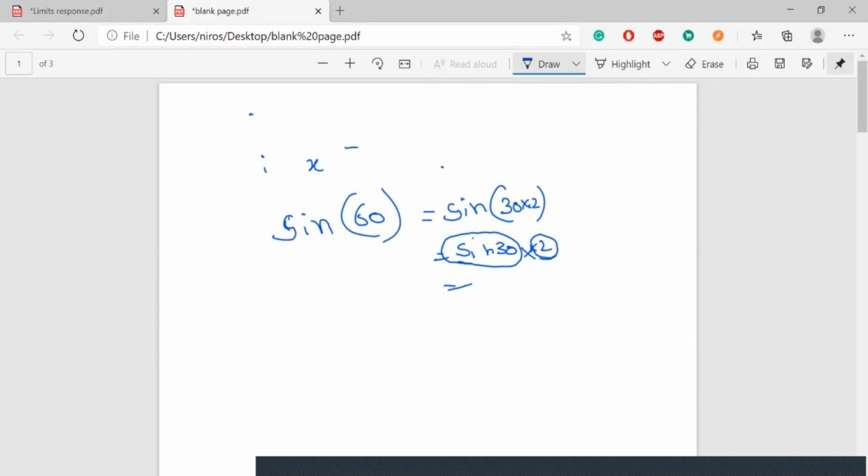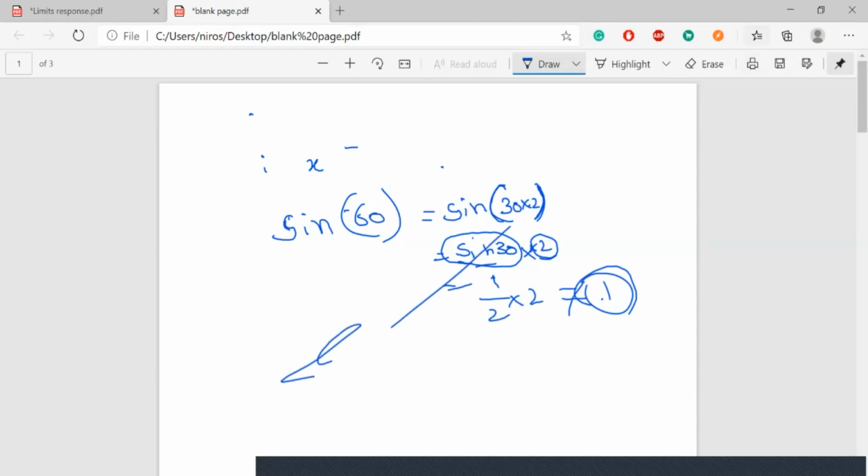Sine 30 is 1 by 2, into 2, you get the answer as 1. But sine 60 is not equal to 1. You can't separate it. You can't take the angle which is inside the sine to outside.